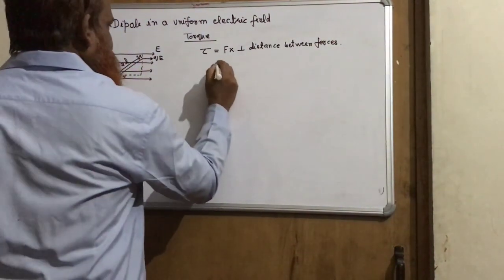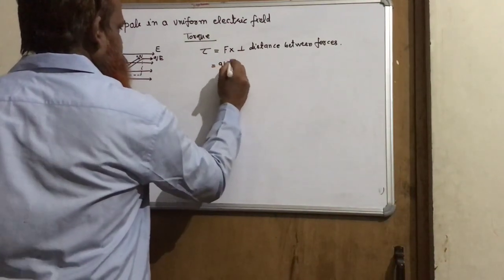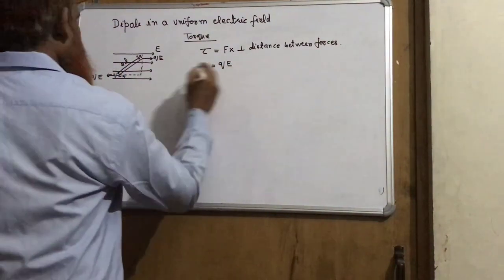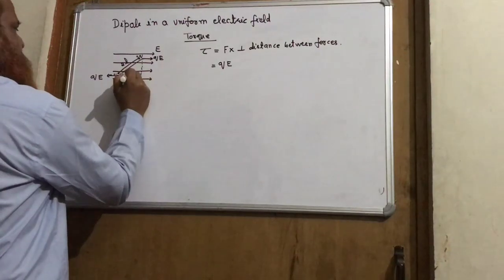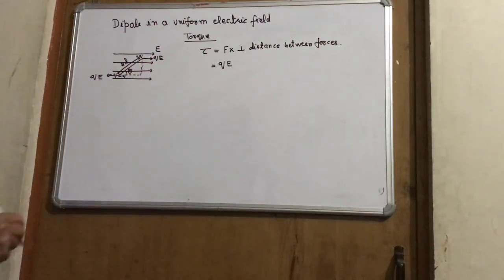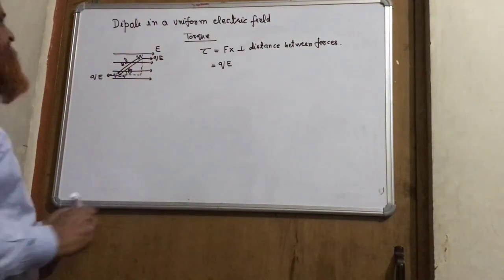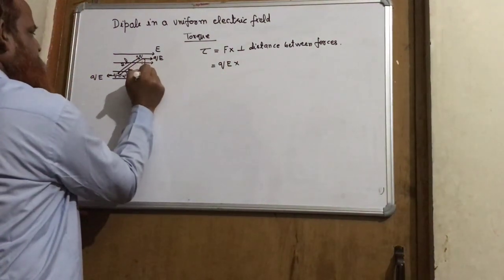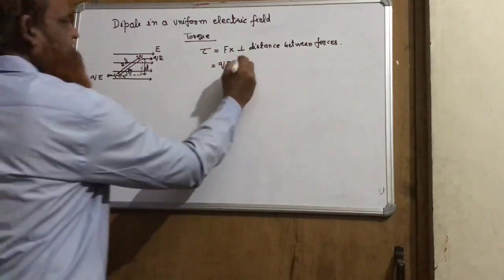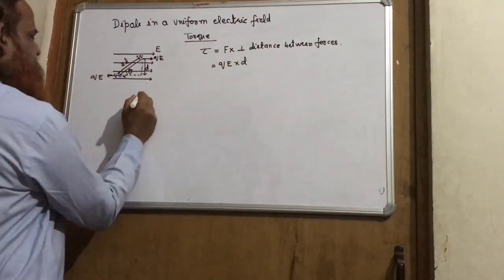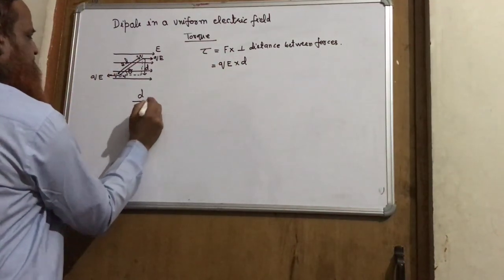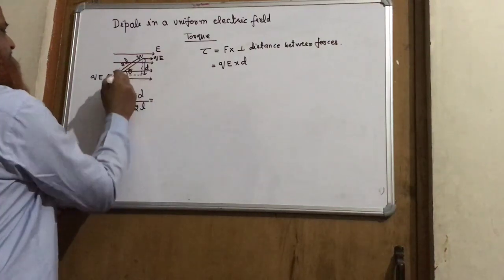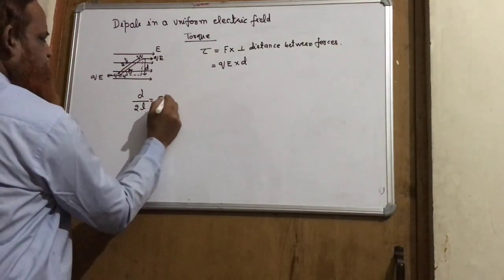The force here is qE, and the perpendicular distance, let it be making an angle theta with the electric field. So the perpendicular distance will be this. Suppose it is d. D upon 2L is perpendicular upon hypotenuse, which gives sin theta.